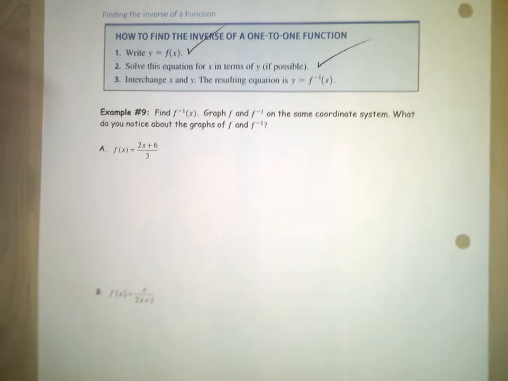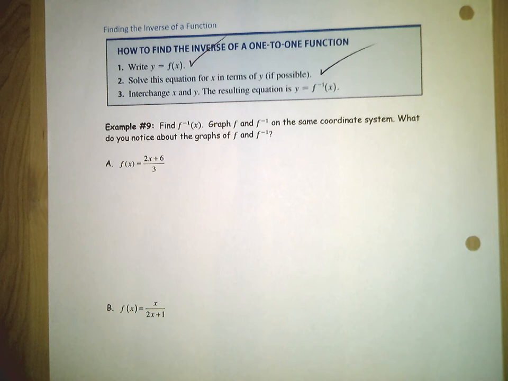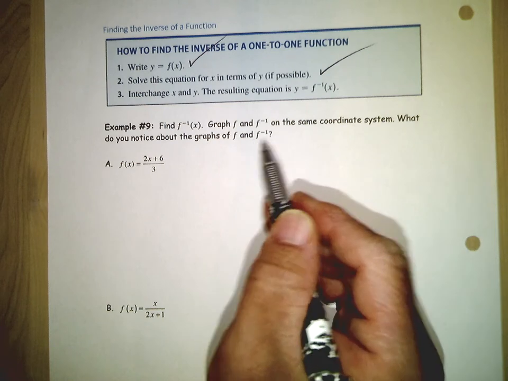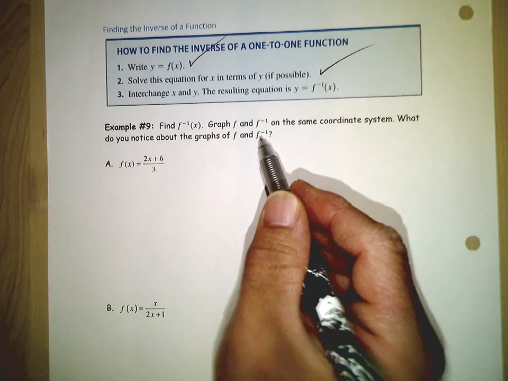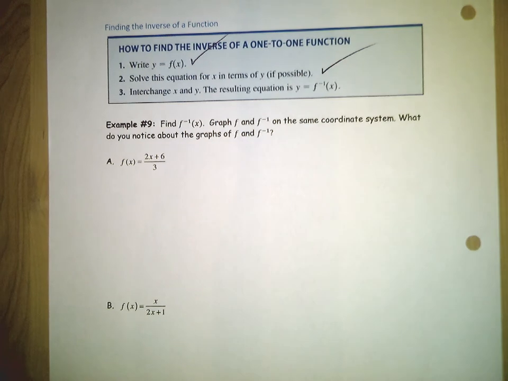Graph f inverse of x and f on the same coordinate system, and then note what you know about the graphs of f inverse. After we find the inverse, f inverse of x, we'll graph these and see what we notice.